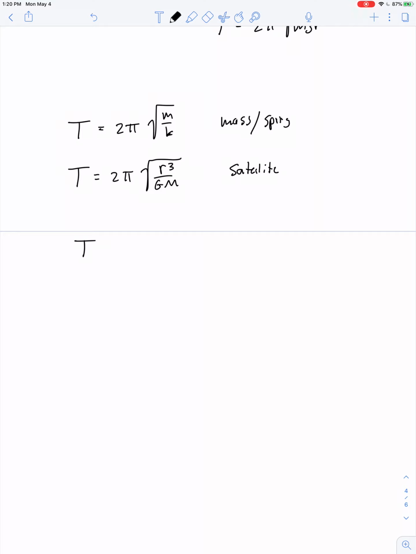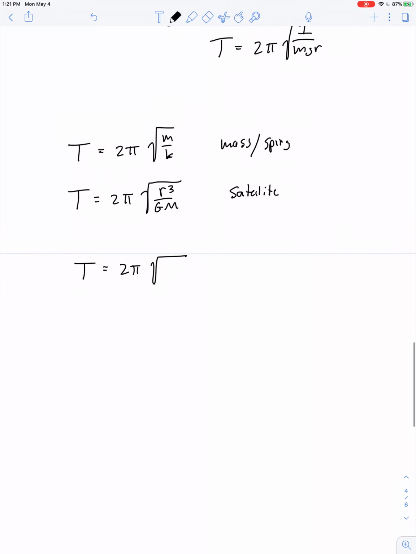The period for a physical pendulum is equal to 2 pi times the square root of the rotational inertia divided by mg times the lever arm. Is this always the case? Is the period for any sort of oscillatory behavior, for anything that undergoes periodic motion, always 2 pi times the square root of some fraction? Seems to be the case.